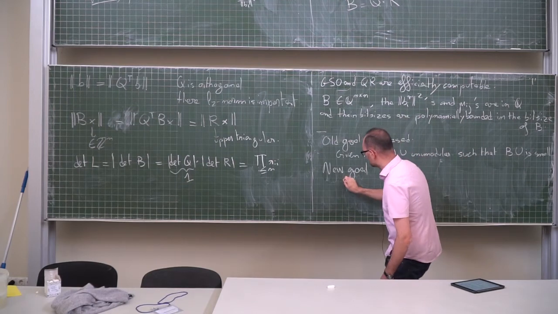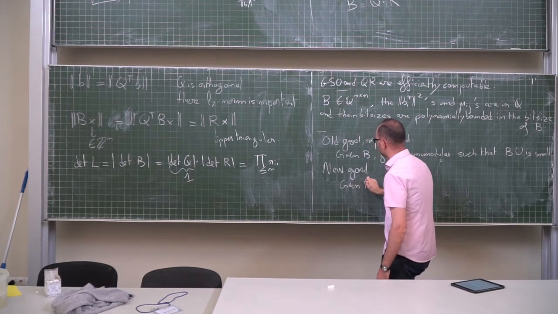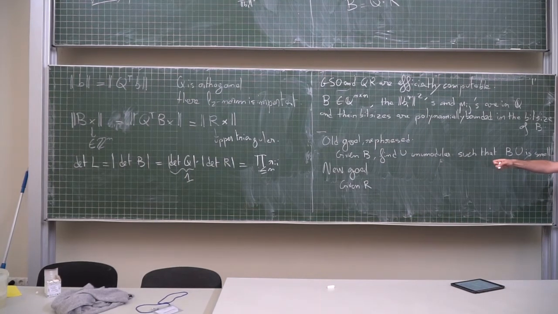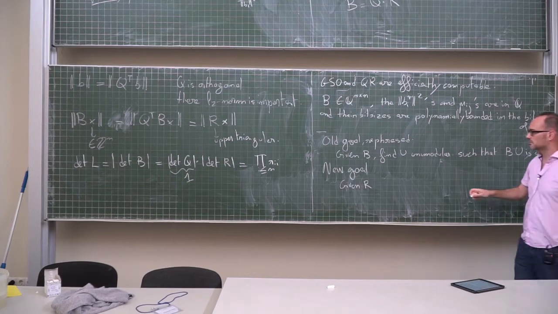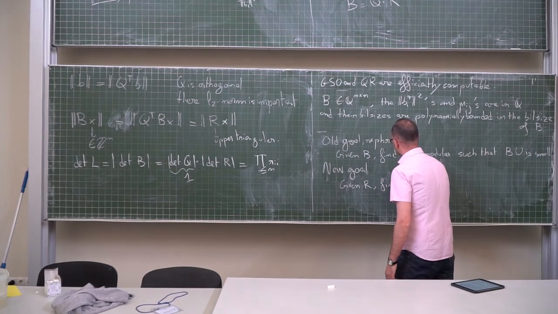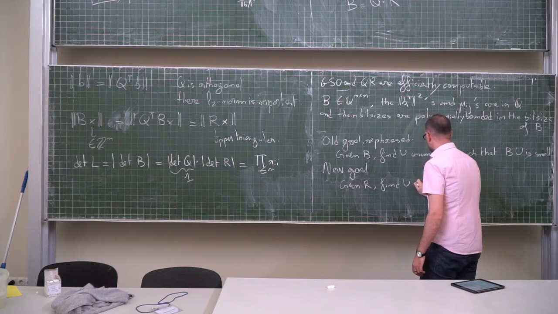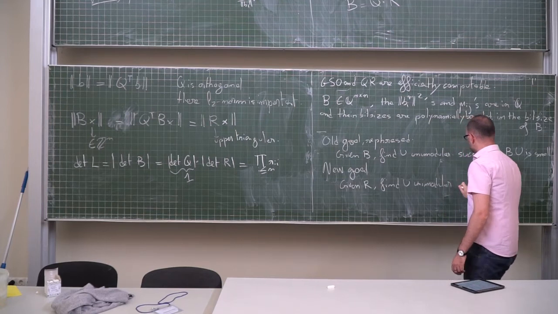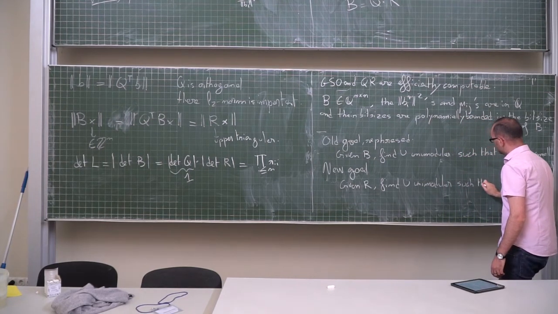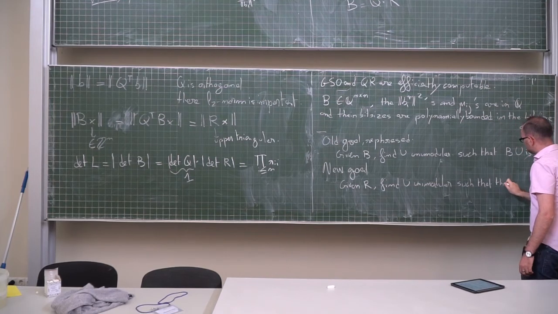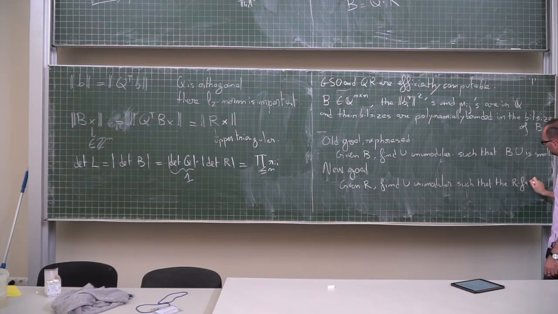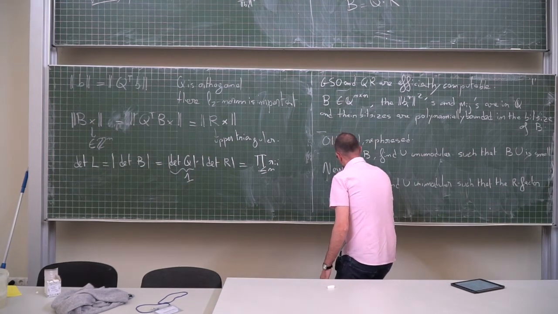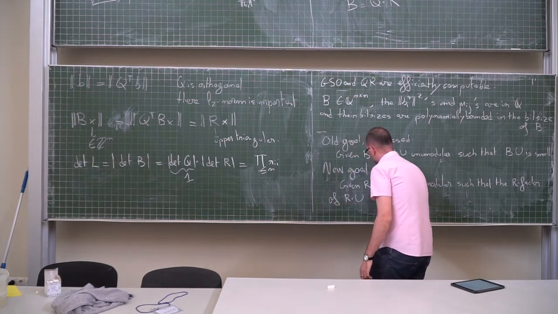So my new goal is: given R, which has essentially n squared over 2 variables, find U unimodular such that the R factor of RU is small.